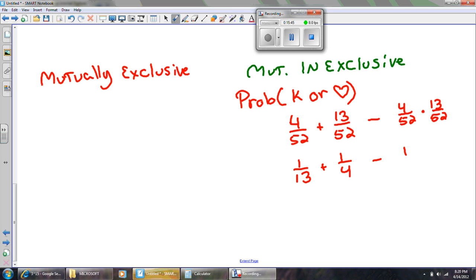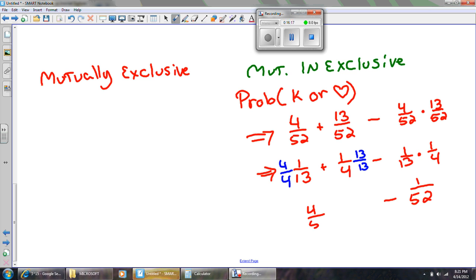So I could do the 1/13 times the 1/4. Now I can work with the top problem right here, or I can work with this one. This one might be a little bit easier to work with. First of all, this will end up being 1/52. Here I need my common denominator, 4/4, and over here I need to do 13/13. And so I'm actually unsimplifying these fractions.